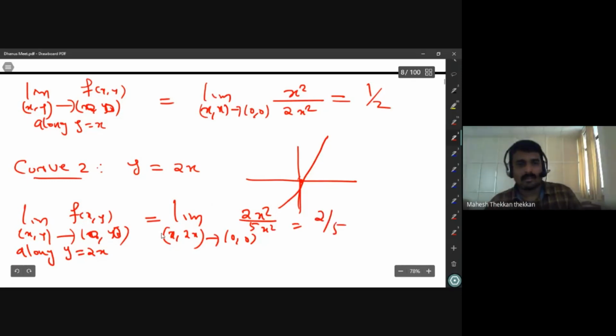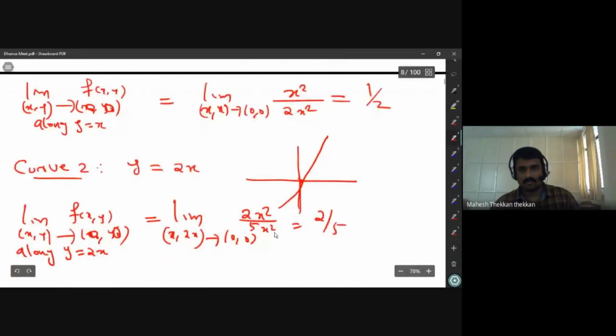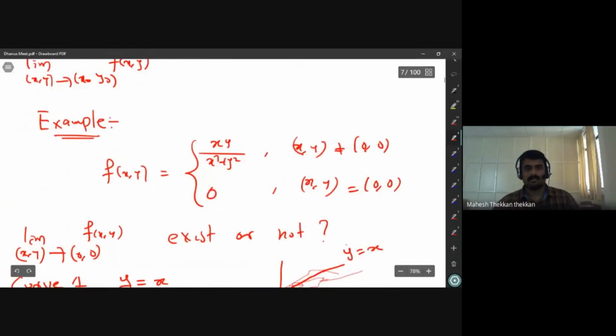So I have approached the point (0, 0) along two curves. One is y equal to x, the other one is y equal to 2x. Each one gives a different value. Along y equal to x, I got 1 by 2. Along y equal to 2x, I got 2 by 5. So both are different. So this limit at (0, 0) does not exist for this function f(x, y).